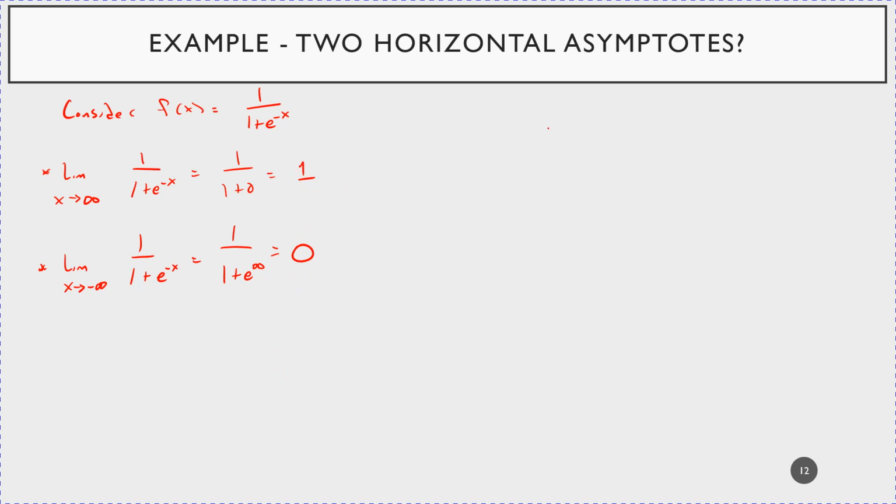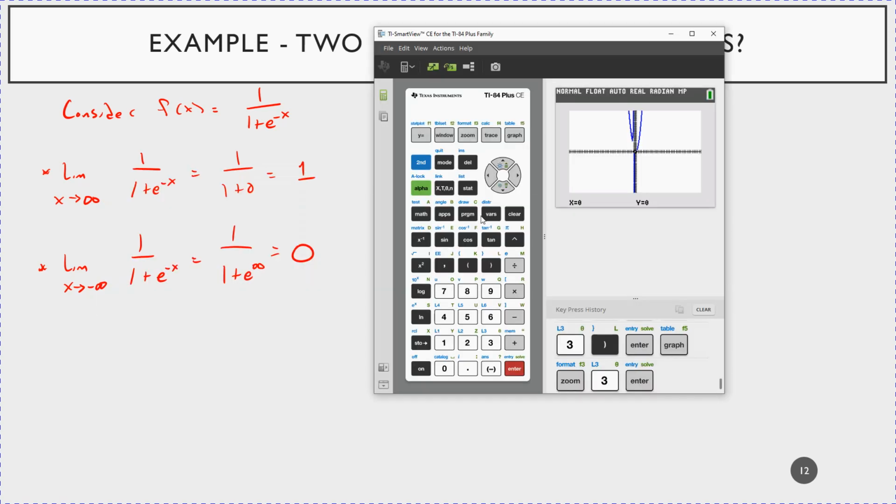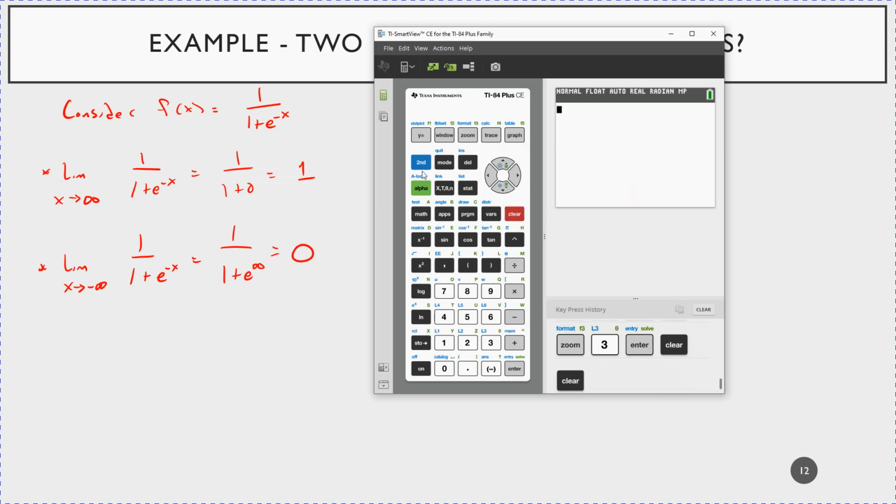So what you're going to notice is when I show you the graph in the graphing calculator. This graph is going to look really cool. Watch what happens. Let me show you.